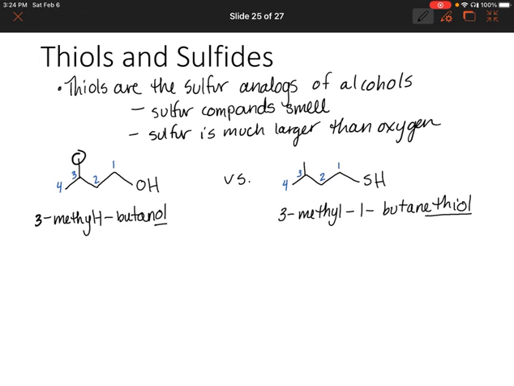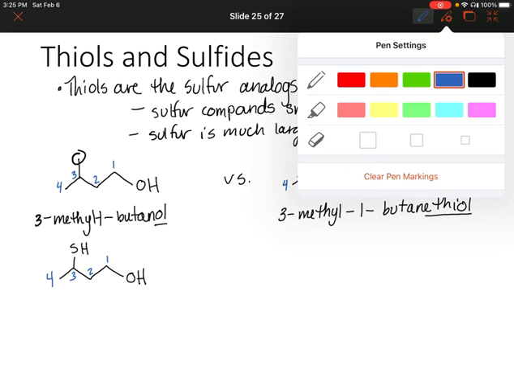Now, what if we have a compound with a thiol and an alcohol? So what if we have this molecule? How would we name that? Well, again, we're going to count how many carbons we have in our parent chain. So again, we have 4.